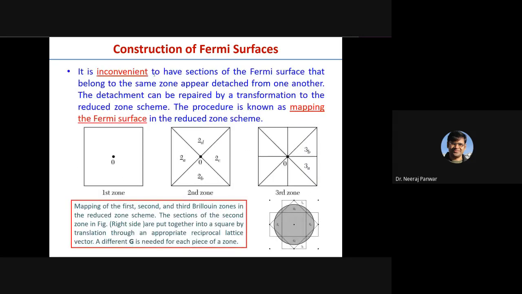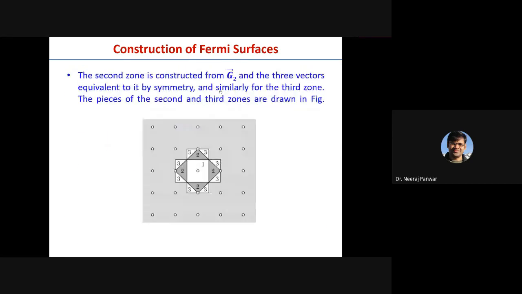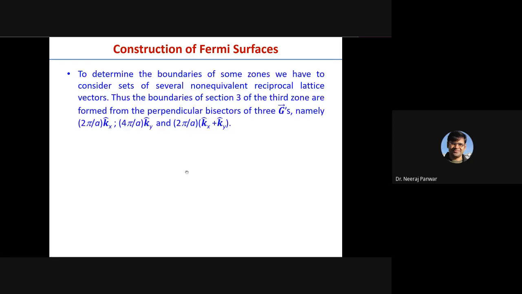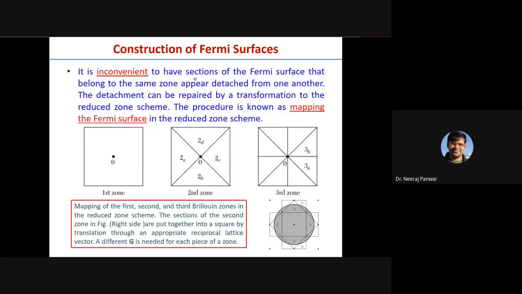It is inconvenient to have sections of the Fermi surface that belong to the same zone appear detached. You can see they are separated from each other. This section is separated from this, and this is separated from this. They are lying as if there is no interaction between them, so it is inconvenient, and they are detached from one another.